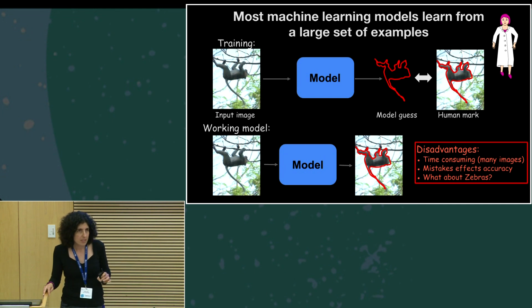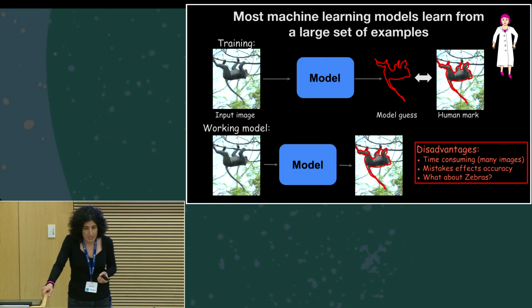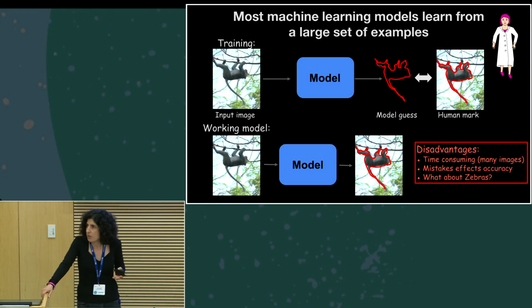The first one is that it's very time-consuming. There are people making a living just out of all those markings. The second is that we have mistakes, and mistakes affect our accuracy. And the third one is, what about zebras?